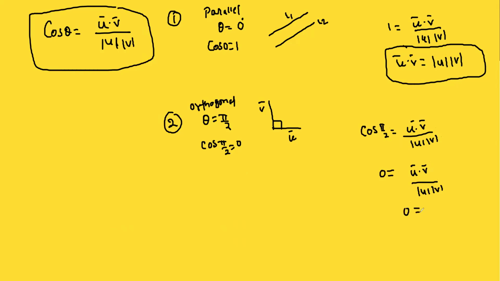The denominator becomes zero on multiplying u dot v, right? Whenever the product of any two vectors is zero, it means their angle is 90 degrees.